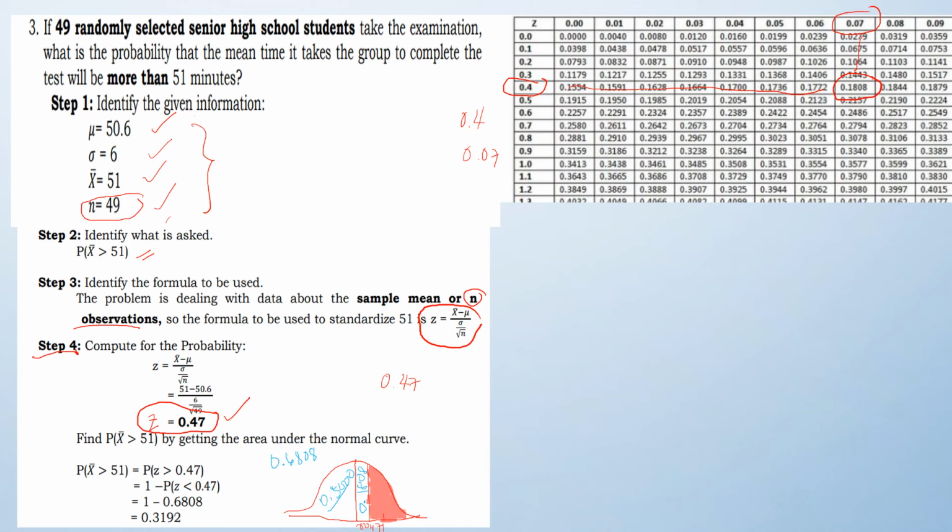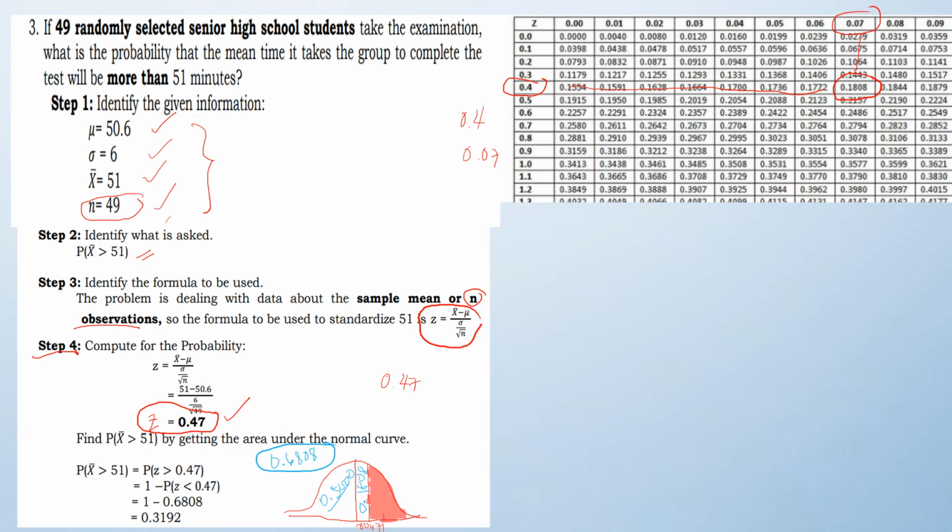Since ito lang ang kailangan kong shaded region, it's more than, since ang hinihingi ay more than 0.47, what I will do with 0.6808 is to subtract it from 1, since we know that the total area or total probability of a normal curve is 1.